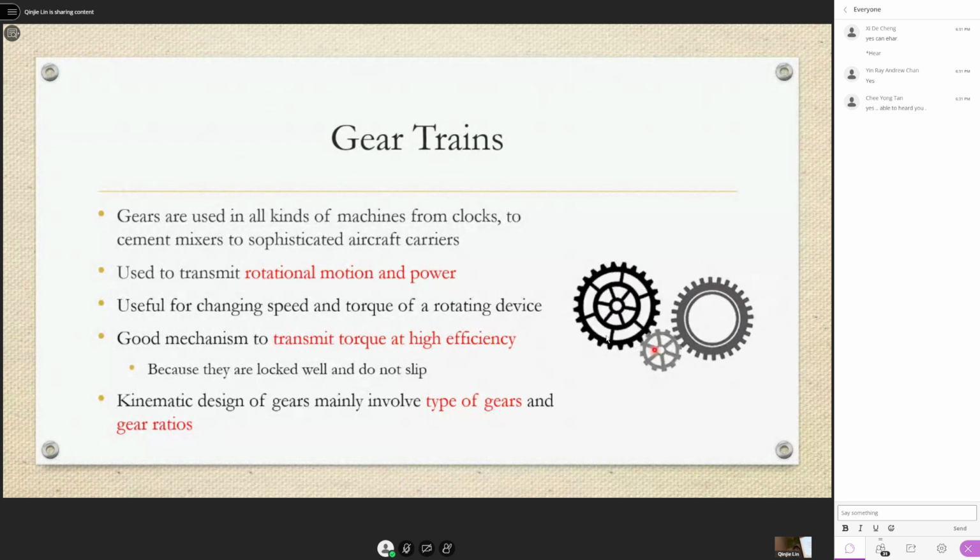So when things don't slip, it doesn't lose so much energy. I wouldn't say it doesn't lose energy, but it loses less energy compared to systems that will slip. Kinematic design of gears mainly involves types of gears and gear ratio, which we'll talk about.